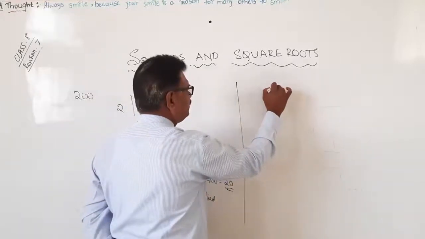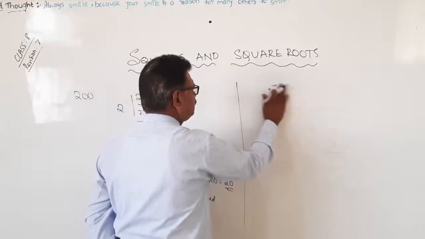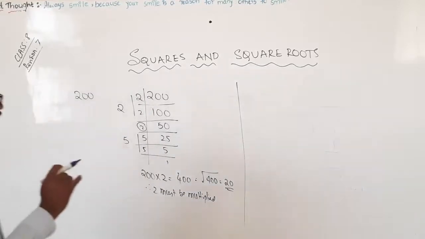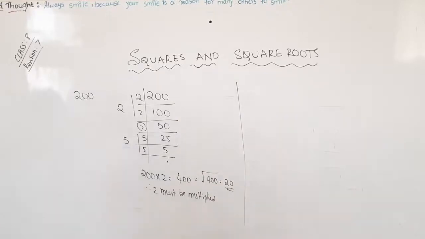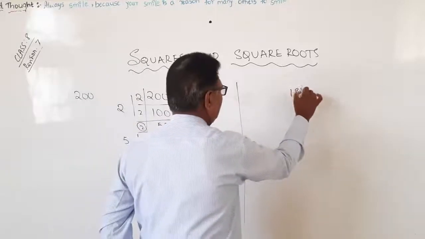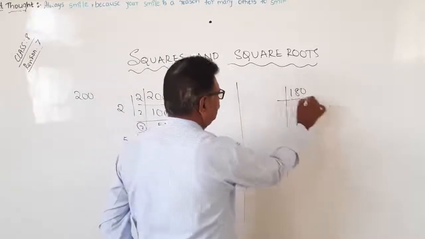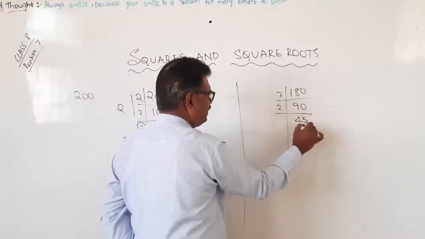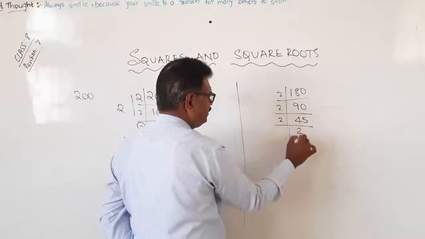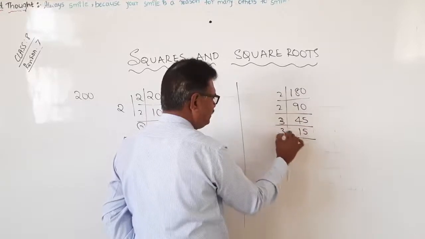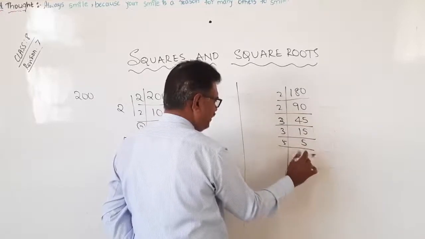For example, a small number, 180. So now 2 into 90, 2 into 45, 2 into 2, yes, it will not go. 3 into 15, 3 into 5, and 5 ones.